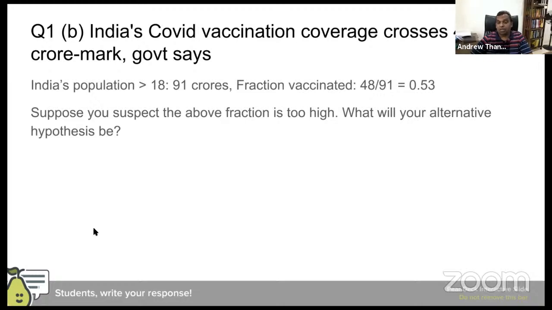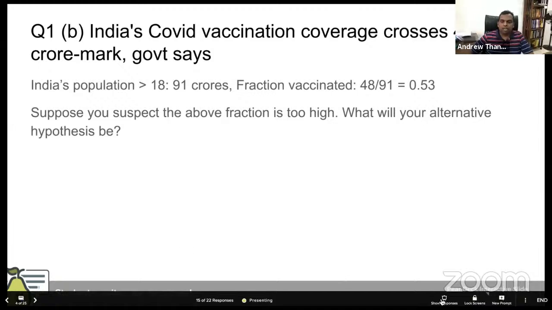This is the ground truth, and you want to evaluate whether it's true or not. You're going to sample, pick some N people to ask a survey question on whether they're vaccinated or not, and you will get N responses. X1, X2, ..., Xn, you're expecting to be IID Bernoulli P, and you've already fixed a null hypothesis P equals 0.53, and your alternative will be what?